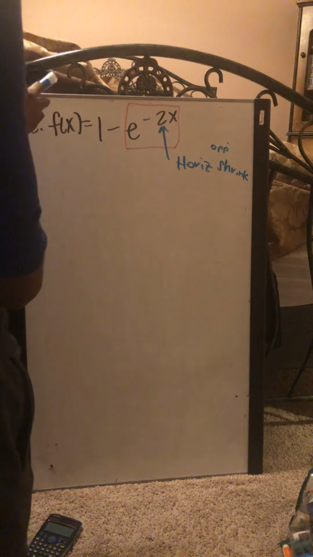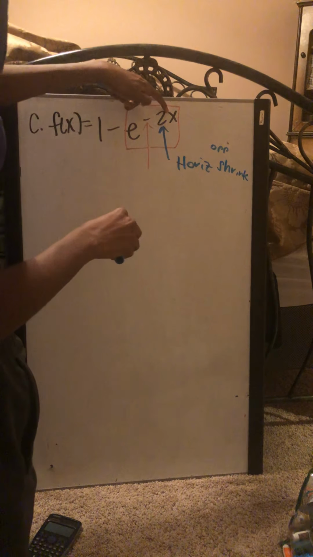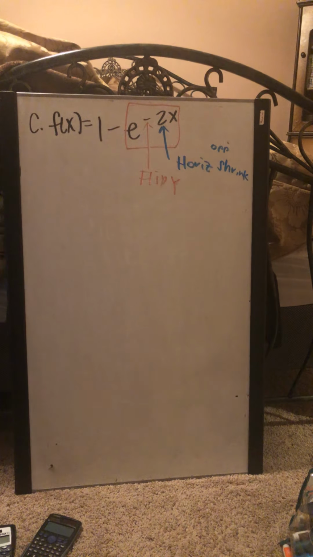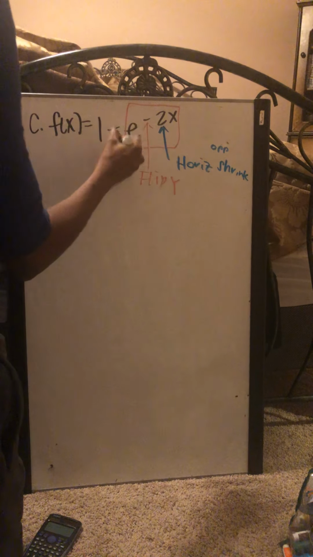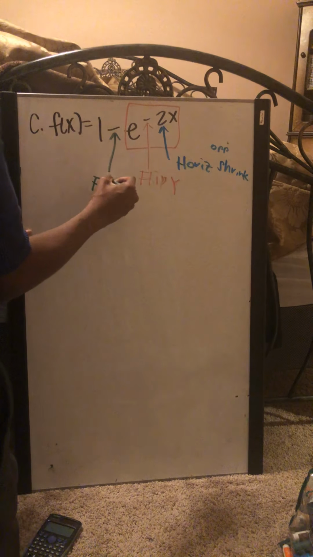And then we have this negative, which is affecting the x right here, so we flip y. And then we have this negative on the outside, which is affecting the entire box, which is our function y. So here we flip x.